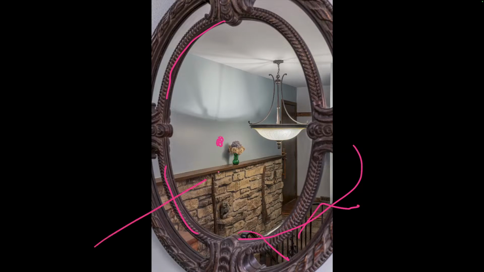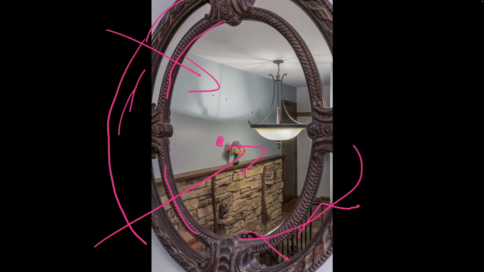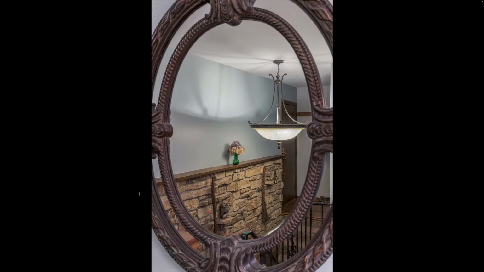I could be just looking through a fence to see this. What I need is more context. You're cropping the mirror so radically in order to see what's happening in here that we're actually losing the fact that this is in a mirror.